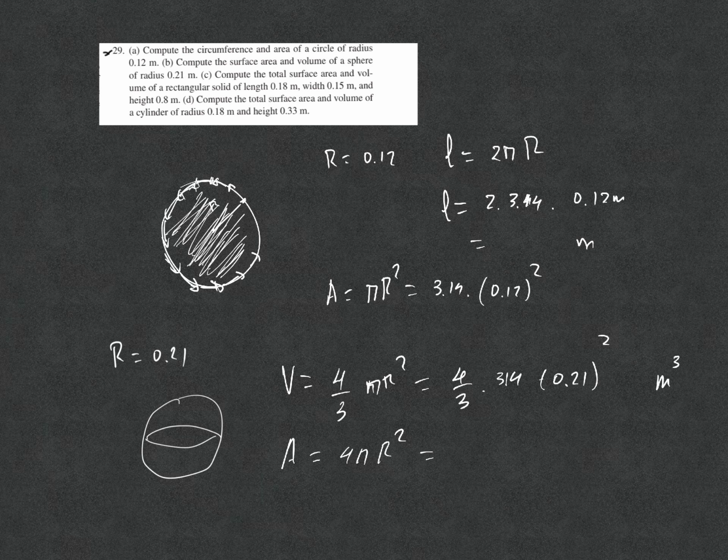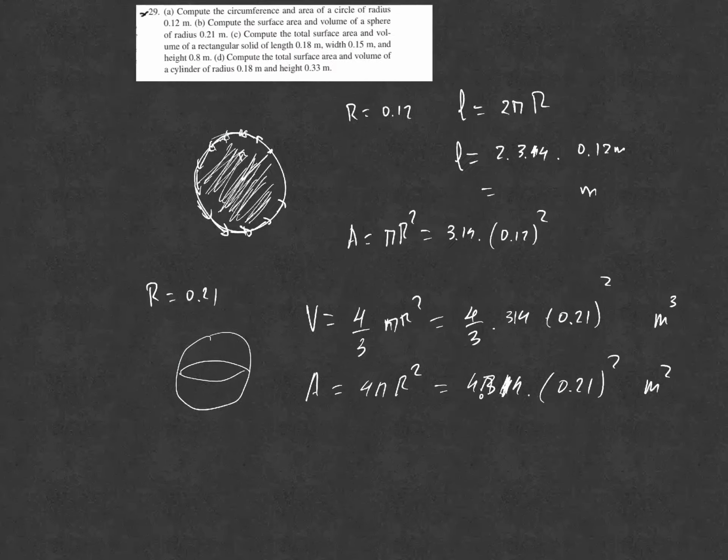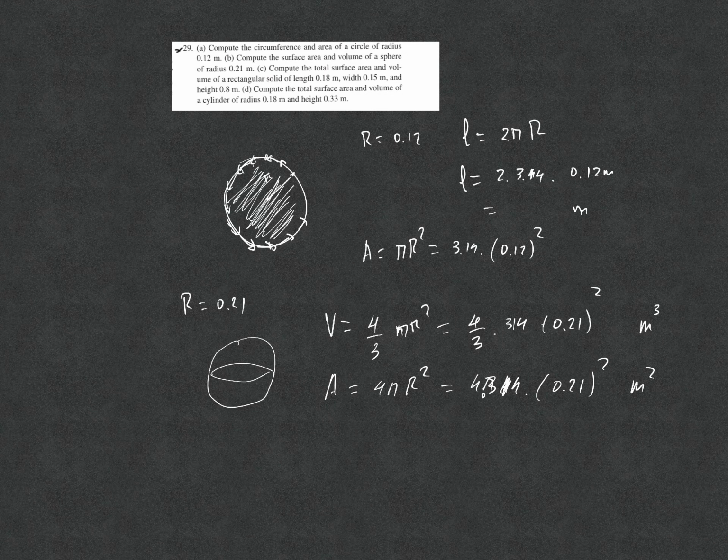So you make the multiplication: 4 by 3.14, by r squared, 0.21 squared, and this area is in meters squared. So this is the area of the surface of the sphere.